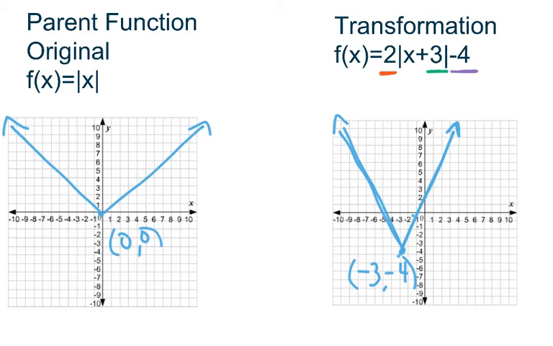So the chart says if there's a number in front of a parenthesis or in front of an absolute value or something, that 2, that's that A we were referring to. So if A is bigger than 1, that 2 means this graph has been stretched vertically.